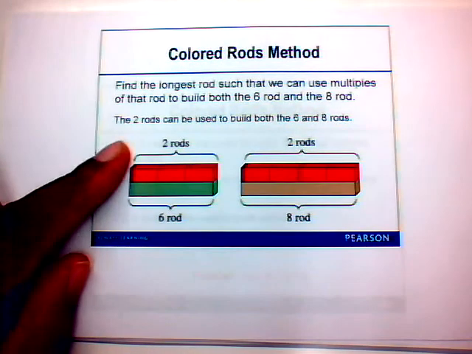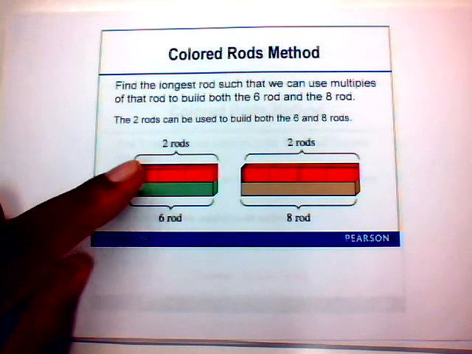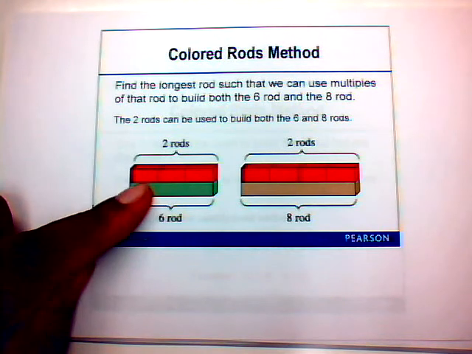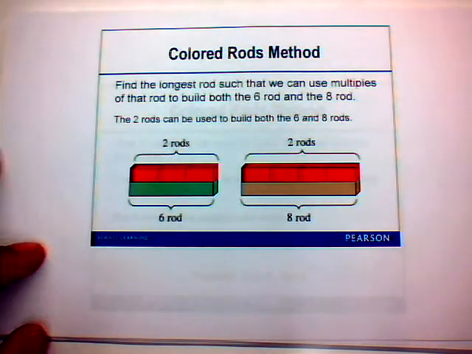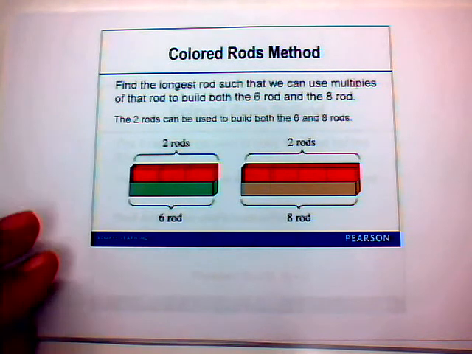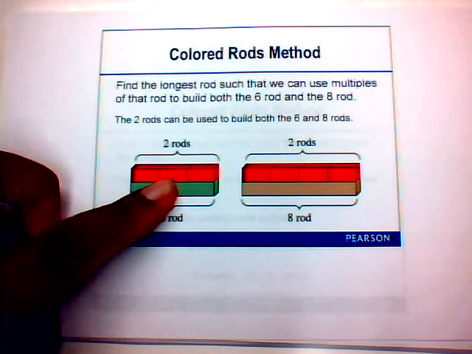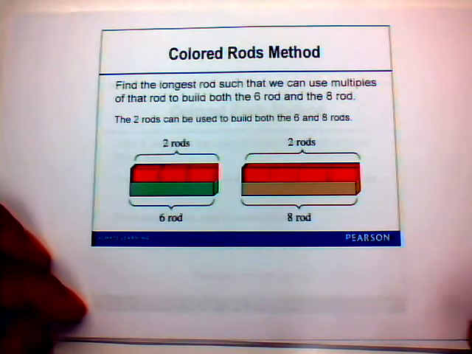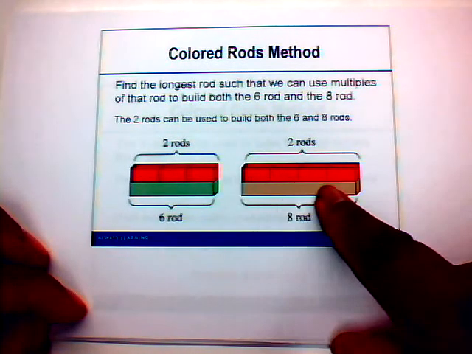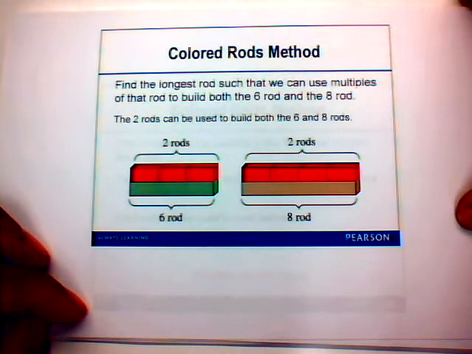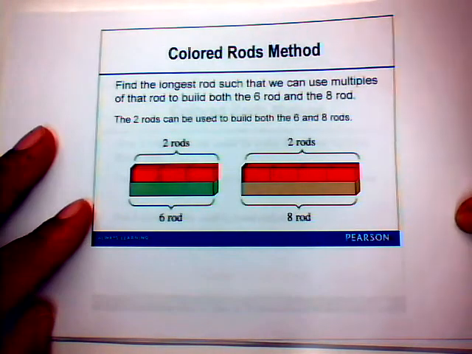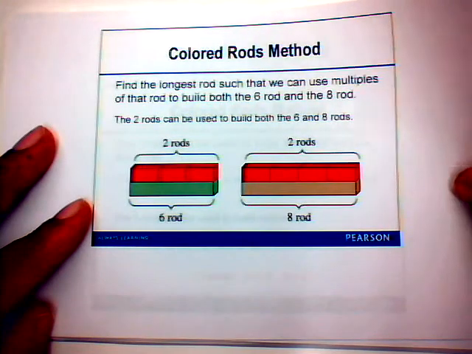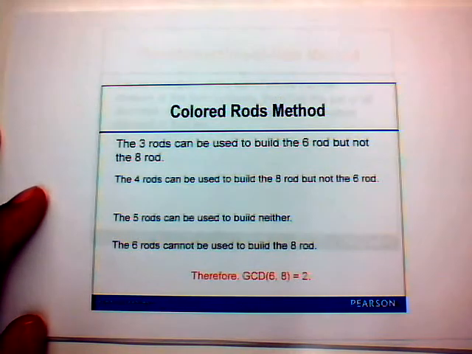In this case, the 2 rods can be used to build both the 6 rod and the 8 rod. For the 6 rod, we can use 3 of the 2 rods, and for the 8 rod, we can use 4 of the 2 rods. So here we're using the 2 rod, which is the largest rod that can build both the 6 and 8 rods.